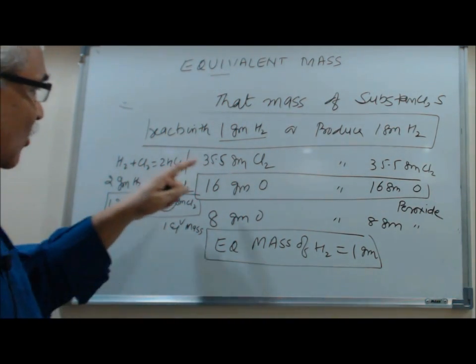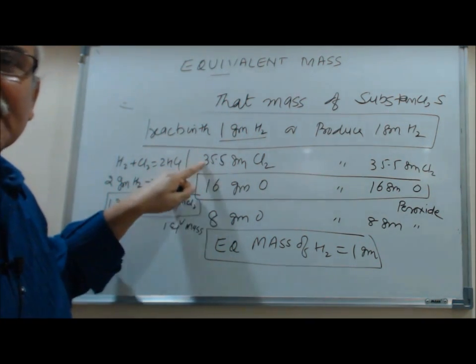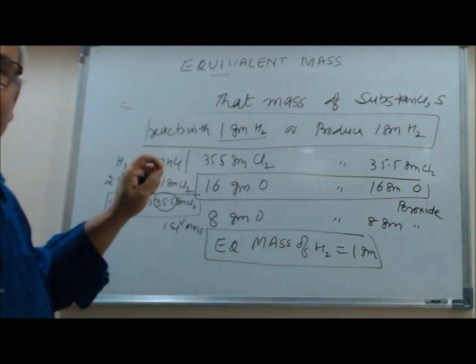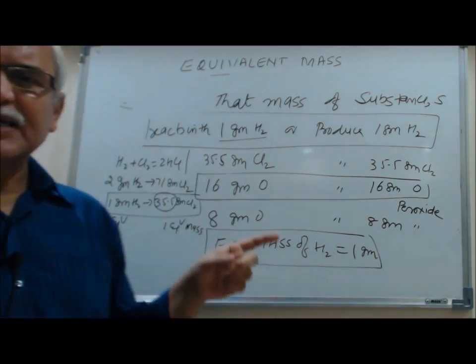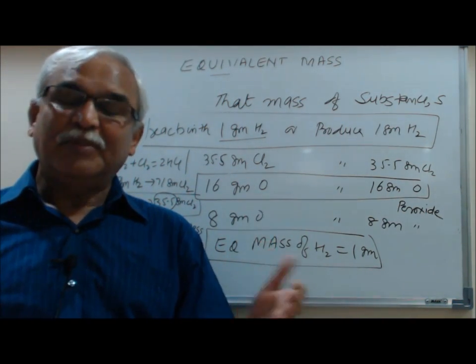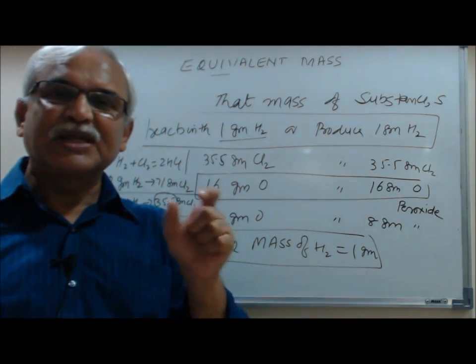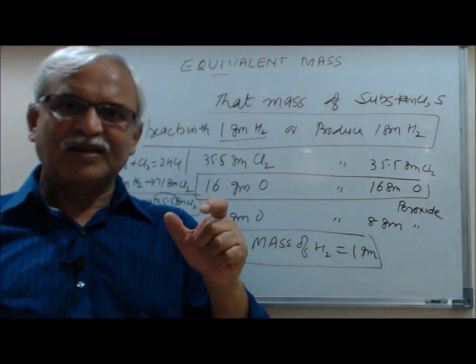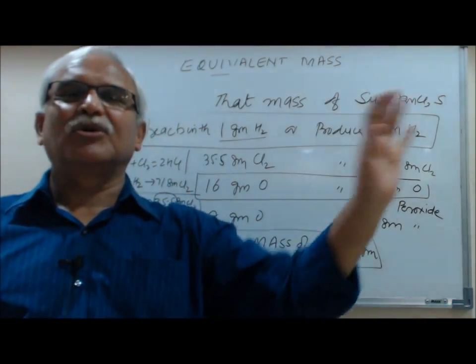So we conclude that this 35.5 is also a special number. It happens to be the equivalent mass of chlorine. Those who are slightly confused that it also happens to be the atomic mass, it's just a chance, and it's true. But at the moment 35.5 with regard to chlorine represents its equivalent mass. It also represents atomic mass, but at this point of time we are not concerned about that.